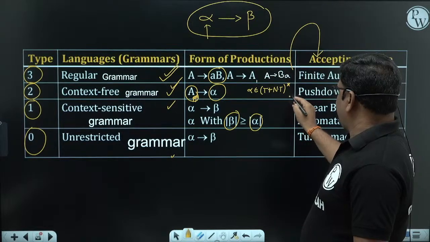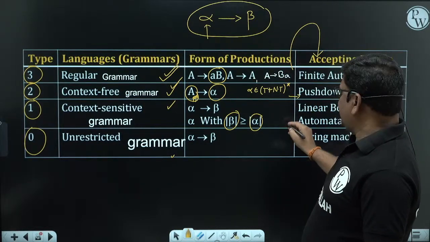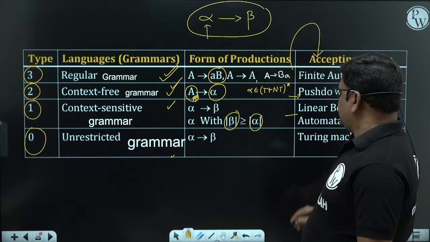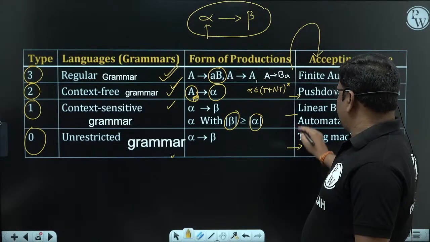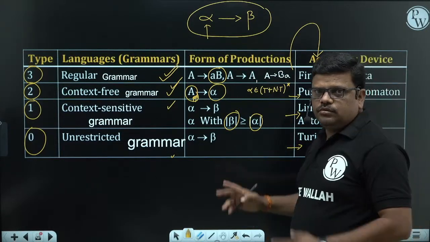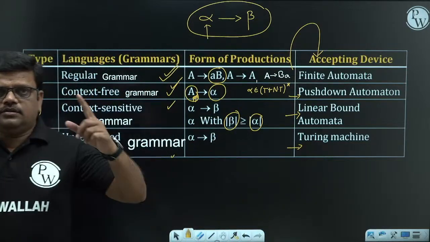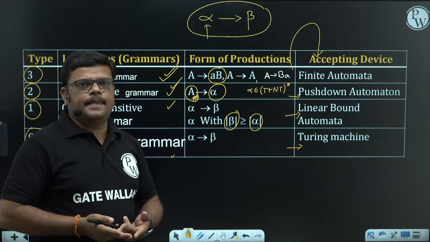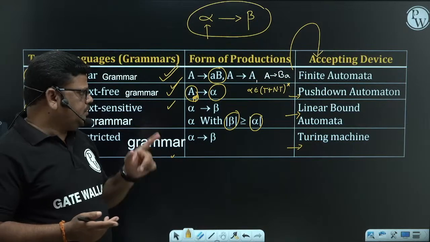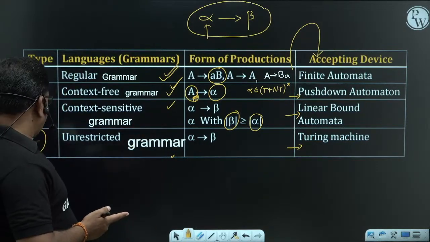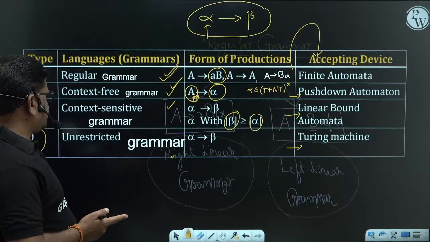Context free, pushdown automata. Context sensitive, linear bounded automata. Unrestricted, Turing machine. So this is the overall structure of grammars. Based on these rules, we get the Chomsky hierarchy.